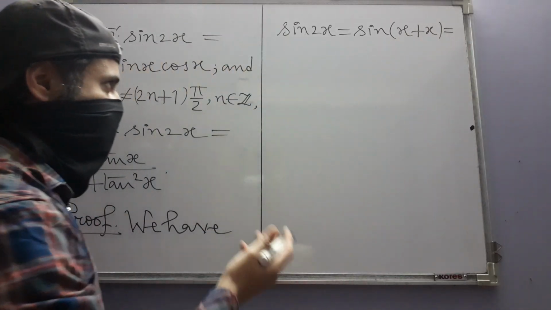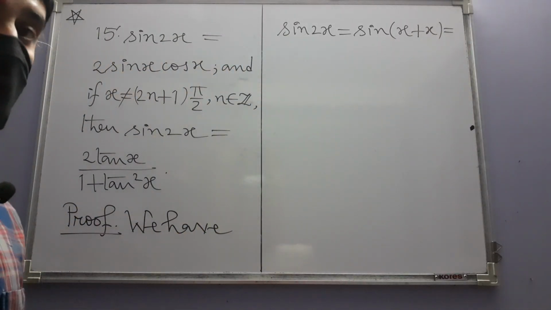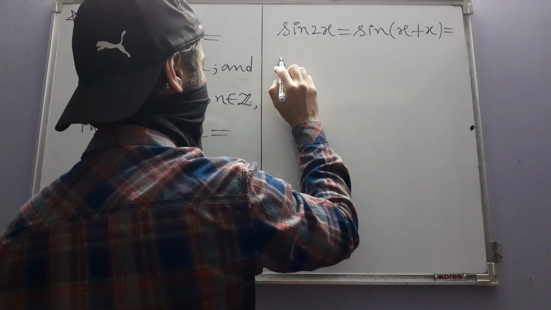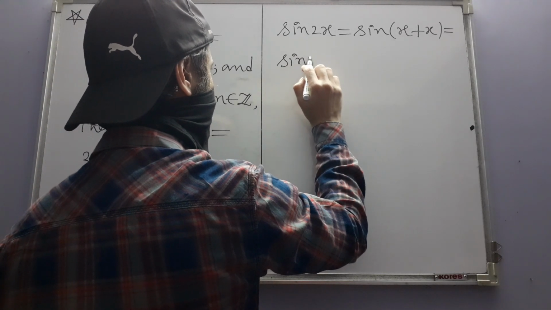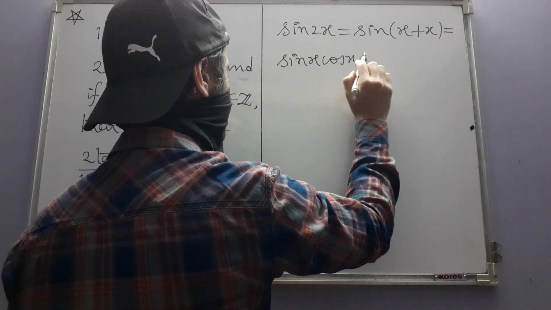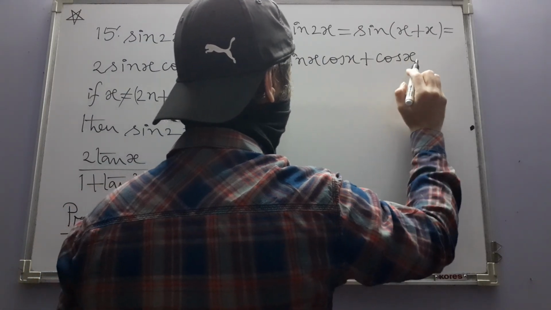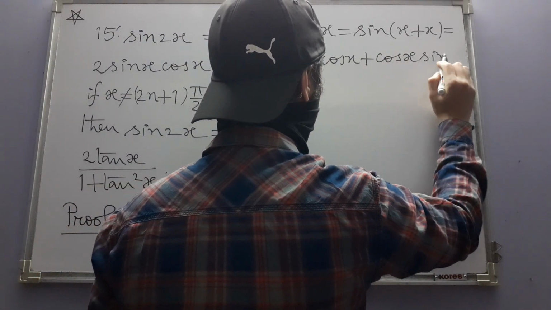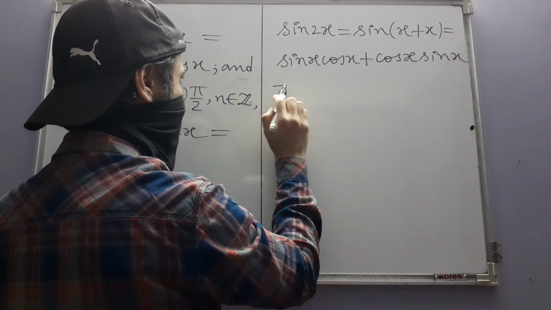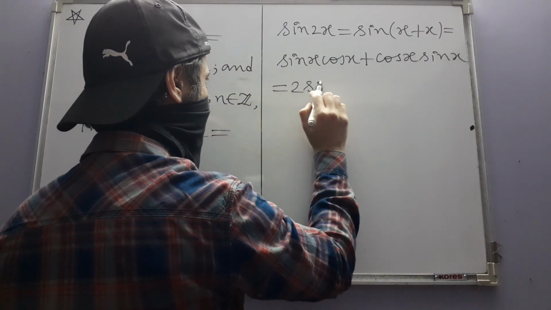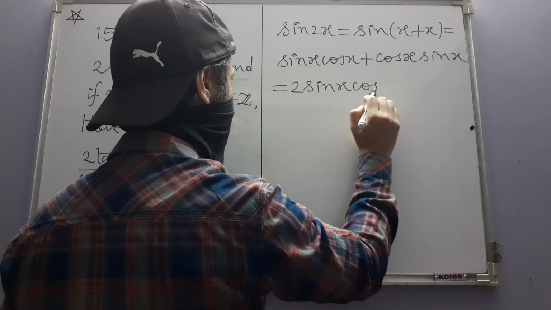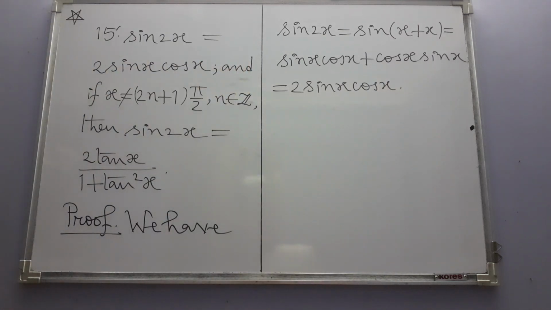When it comes to sine, mixed terms will appear in the expansion. Sin x cos x plus, but both the angles are the same, so cos x sin x, and that's how we have 2 sin x cos x.